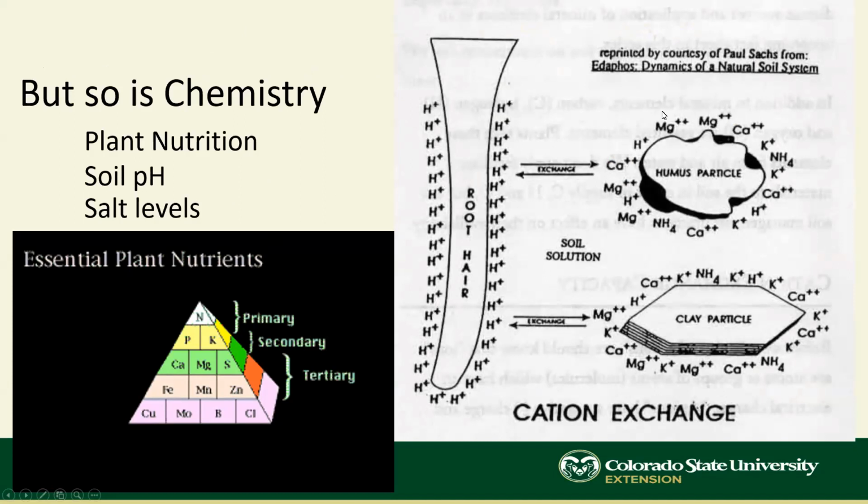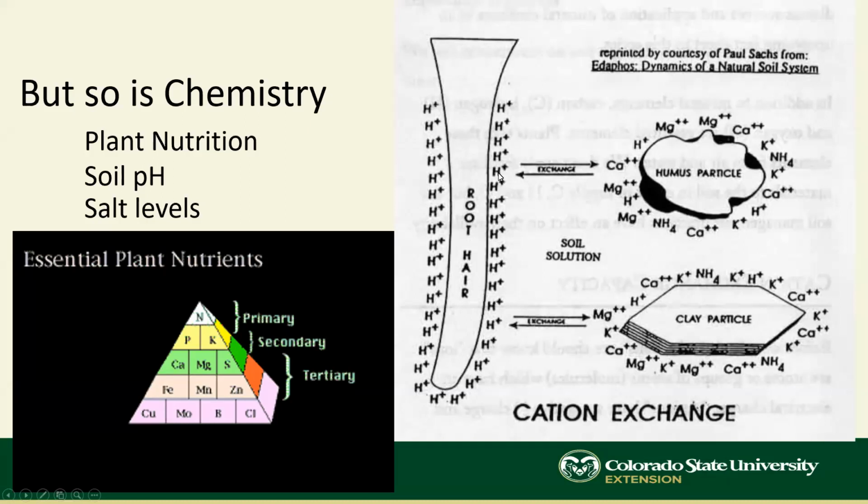The major nutrients, or most of the essential nutrients that plants need, are all what we call cations, meaning they have a positive electrical charge. The root hairs, like this one, are going to be a negatively charged structure. All around it could be hydrogen, which is what this H is. Hydrogen's positive, so it can attach to the root hairs.